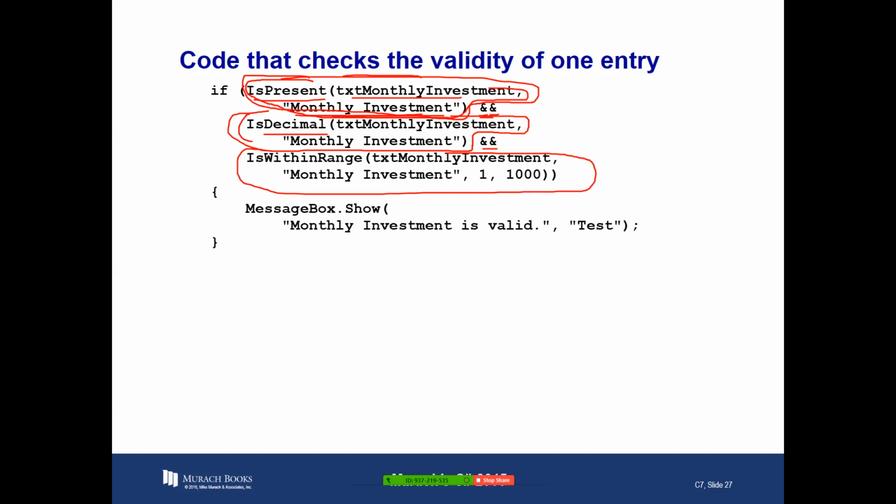If any of these is false along the way, then we stop. It makes sense. If there's nothing present, it doesn't make any sense to test if it's decimal or in range, because it's nothing. So that's how we test. Instead of using try catches, we actually write code to test.